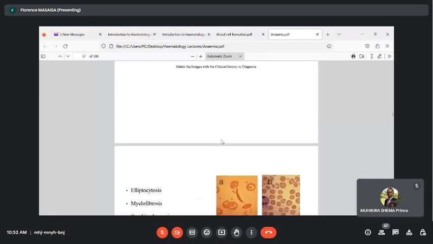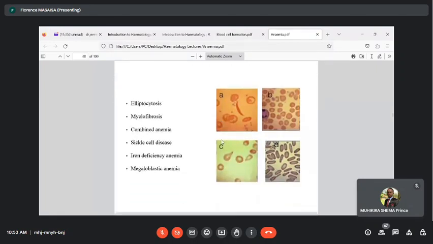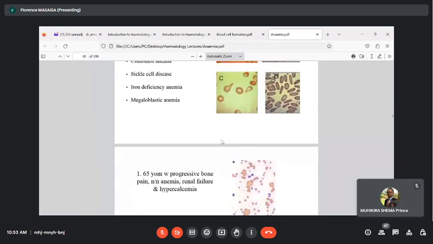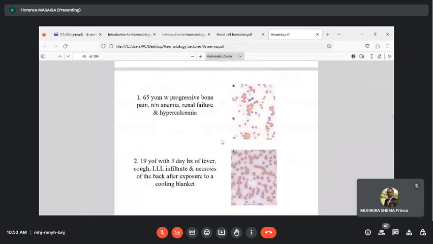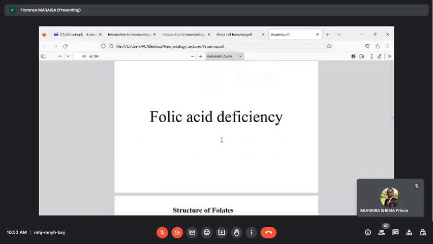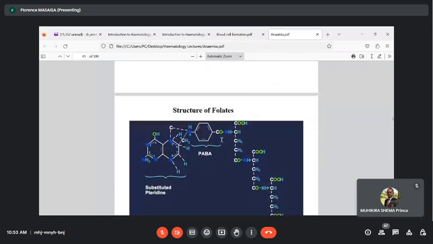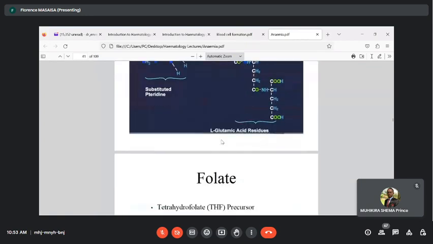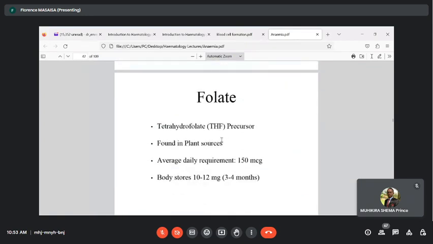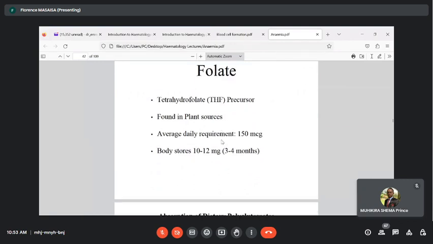So sickle cell, we have seen it. Those are exercises. So we have also folate deficiency. Folate is found mostly in the plant sources. We have the average daily requirement of 150 micrograms.